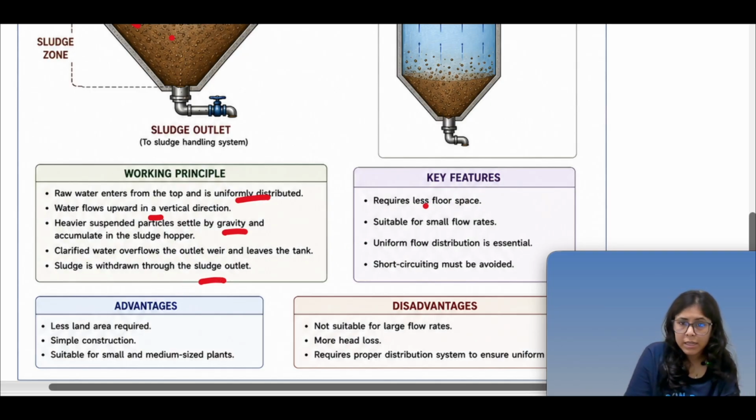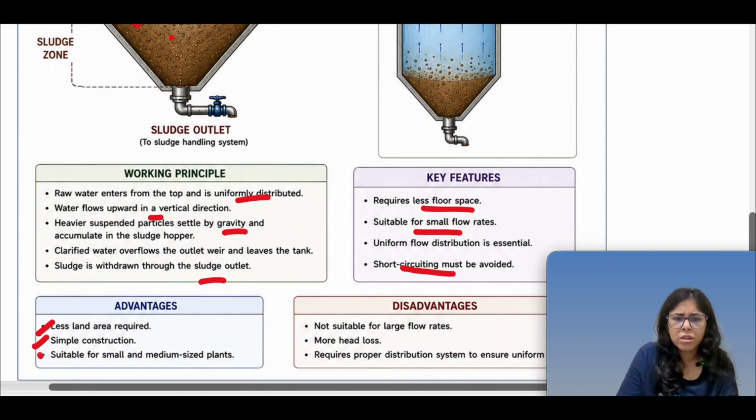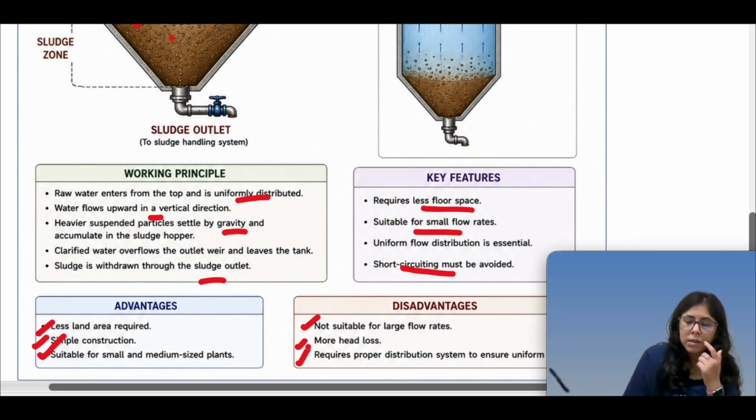It requires less floor space and is suitable for small flow rates. Short circuiting must be avoided in this. So, less area, simple construction, suitable for small flows. Disadvantages: it's not suitable for large areas, more head loss will be there, and a proper distribution system is required.